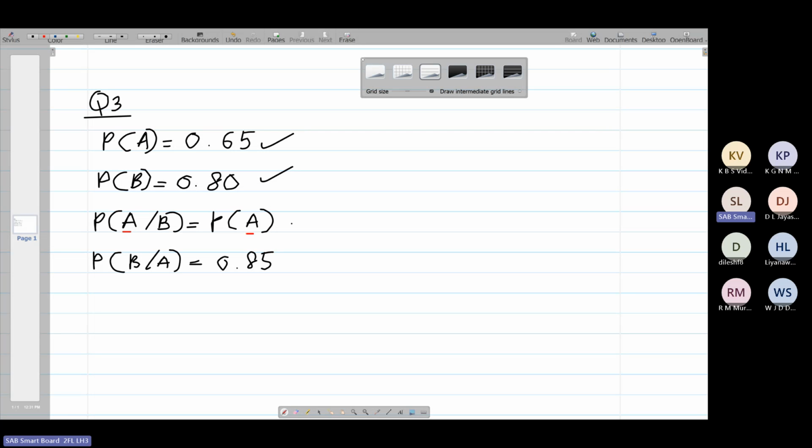The third point says A given B is equal to the probability of A, so we assume A and B are independent. Is it clear? Then A and B are independent.